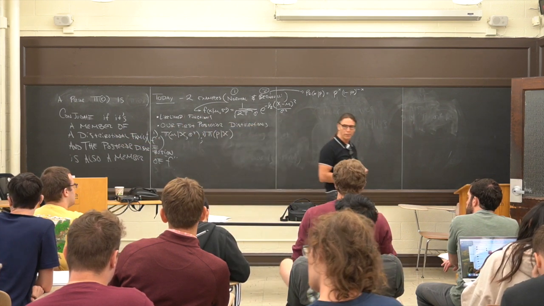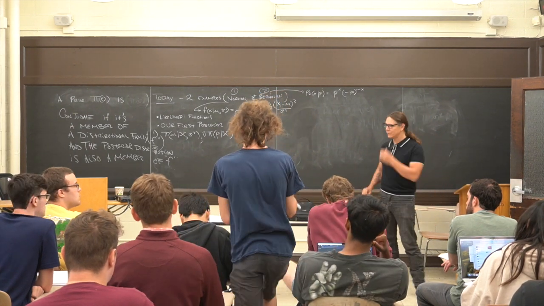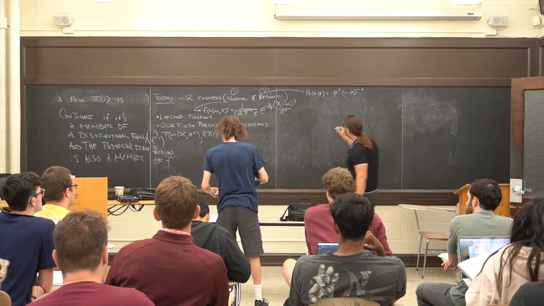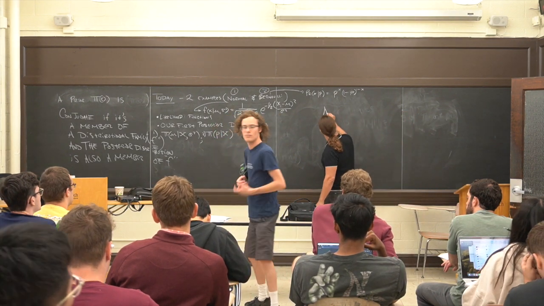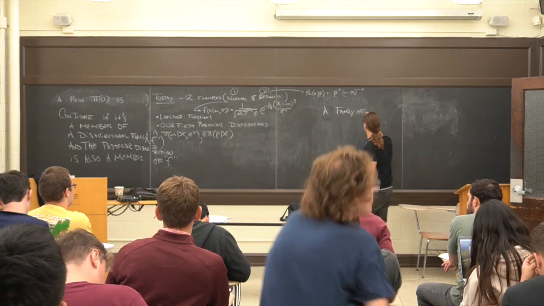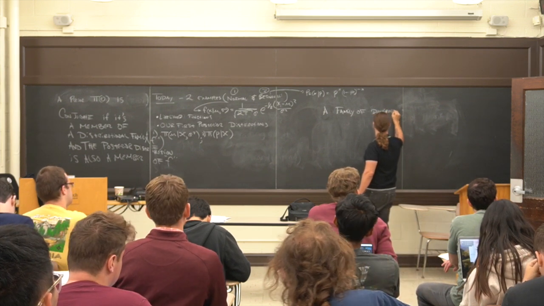They're saying they're using a conjugate prior. So let's just look at some examples real quickly. A family of distributions. So here's just a couple examples.